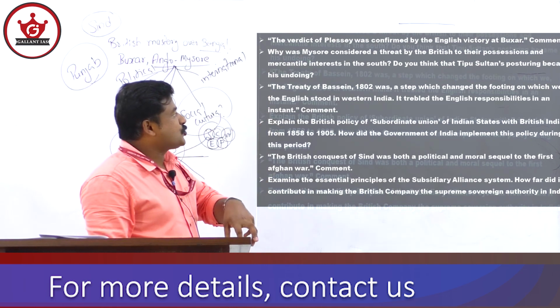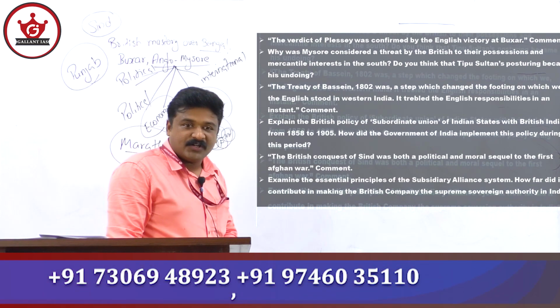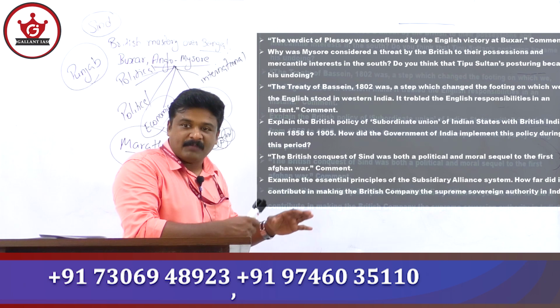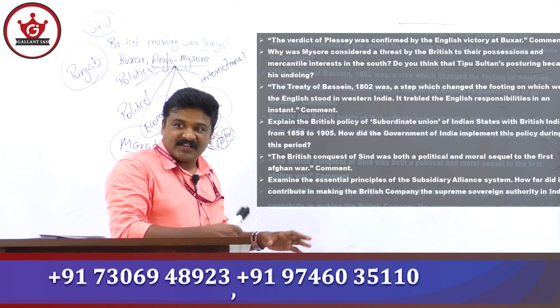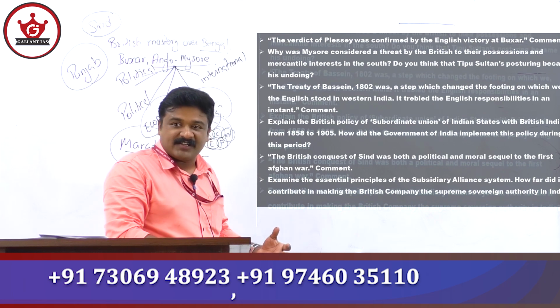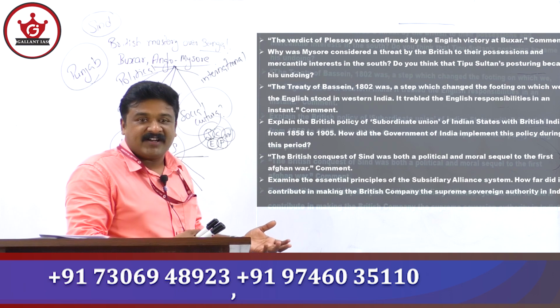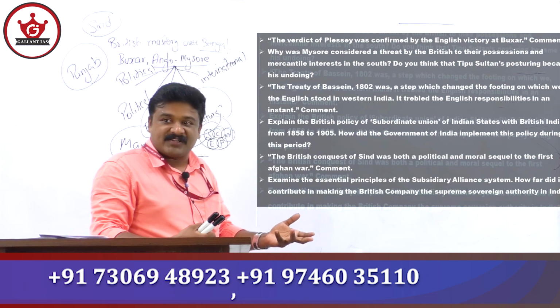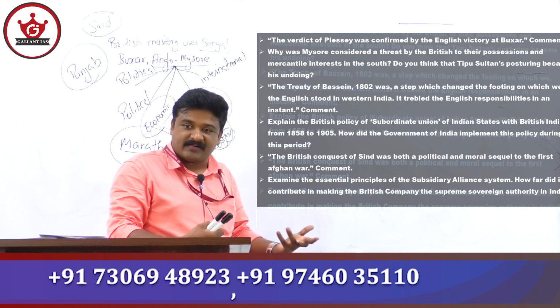Mysore considered a threat by British to their possessions and mercantile interest in the south. Not only because of their control over Malabar coast spice trade, there were many reasons. Even their collaborations with the Dutch and French can be a reason. Okay, the territorial might can be a reason. Their advancement in Europeanization, modernization of army can be a reason.